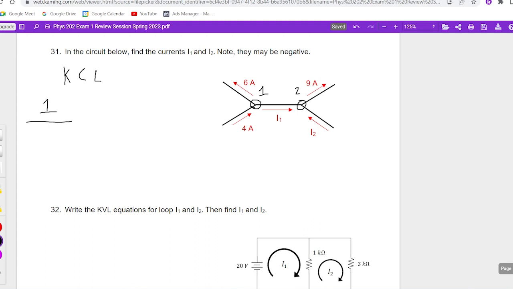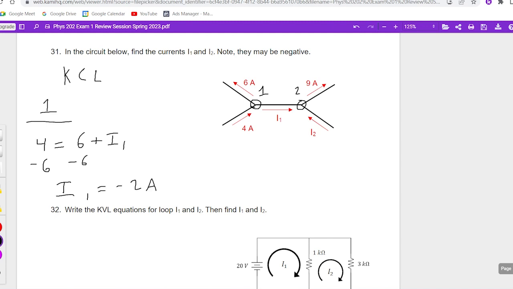Looks like the 4 amp is pointing in, so 4 is equal to the currents pointing out. The currents pointing out are the 6 amps and I1. So 6 plus I1. If I want to solve for I1, all I need to do is subtract 6. So that means I1 is equal to negative 2 amps.